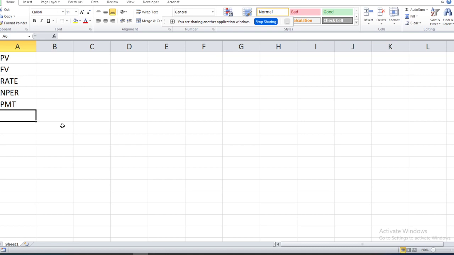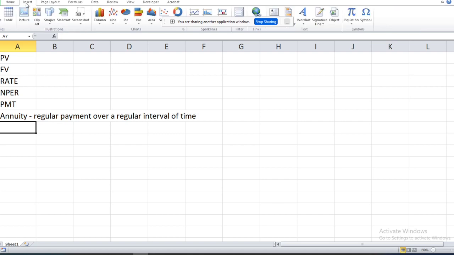Okay, actually it also has another name: annuity, regular payments over a regular interval of time. So annuity is this other name for regular payments over a regular period of time. Okay, so how an annuity looks on a timeline is something like this.